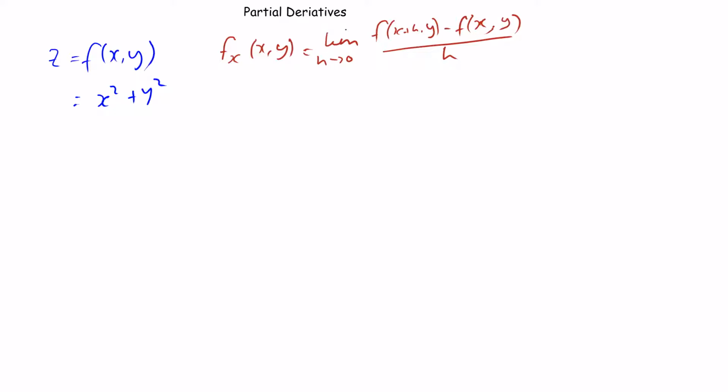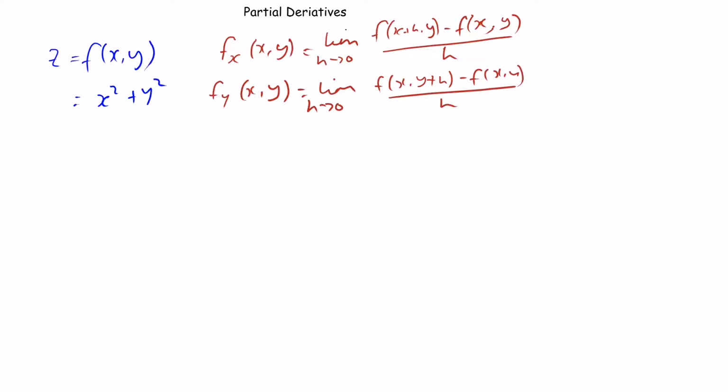And that is exactly the same for the partial derivative with respect to y, except we have f of x, y plus h minus f of x, y all over h.